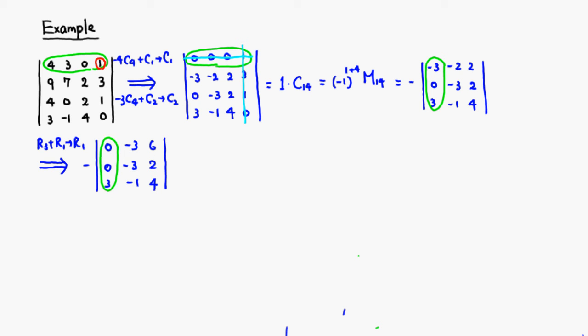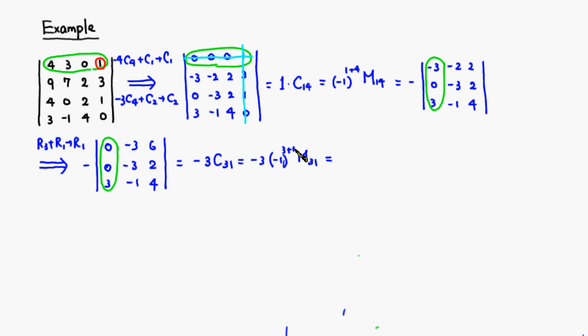There's a negative sign, so I put the negative sign there. Then you have 3 times the cofactor of row 3, column 1, which is going to be (-1)^(3+1) times minor 3,1.